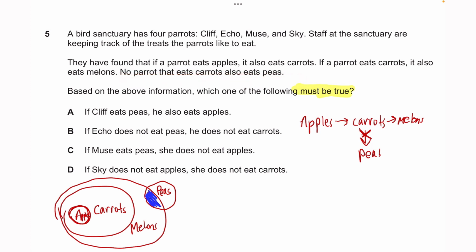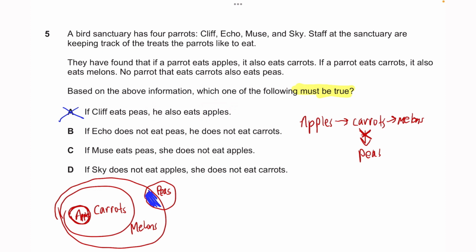And so, if you eat carrots, then you won't eat peas. And if you eat peas, there's no correlation to carrots as well. And so, we know that if a parrot eats apples, then it also eats carrots. So, that means that A is incorrect. We can't find that connection between peas and apples.